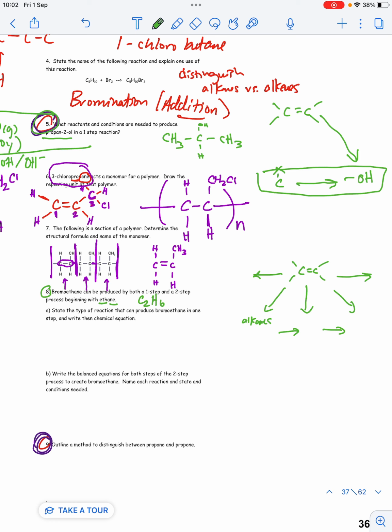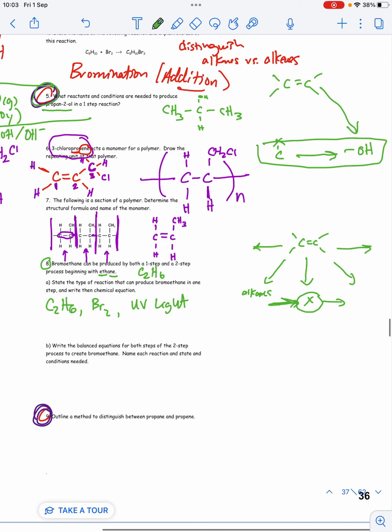State the type of reaction that can produce bromoethane in one step and write the chemical equation. Bromoethane would be here, where our single halogenoalkanes are. To do that in one step, I know that this is a free radical substitution. So I would need to have ethane, bromine, and the condition of UV light.